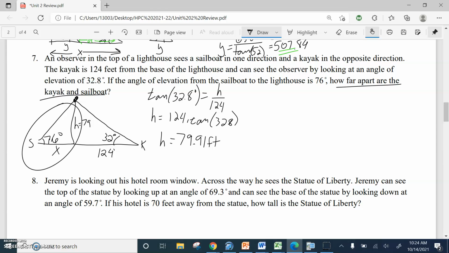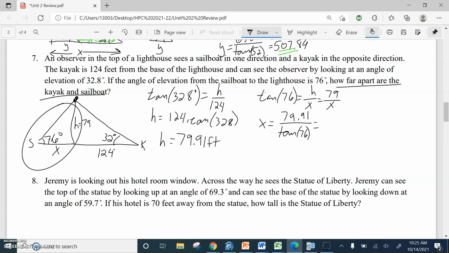So now we can use the other tangent ratio, in this case tangent of 76 degrees, which is now h over x, which was 79-ish feet over x. So again, if we want to solve for x, we switch spots with the tangent, and 79.91 over tan of 76 degrees.